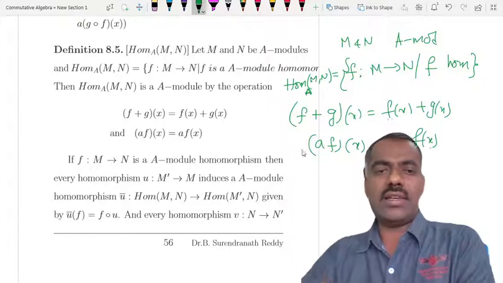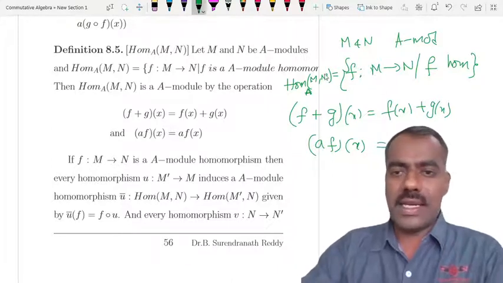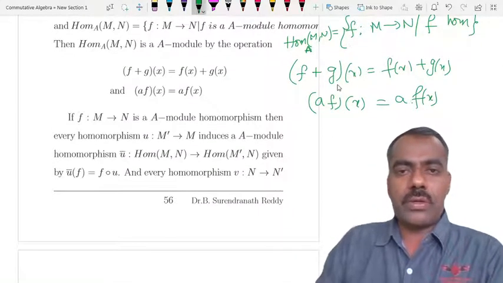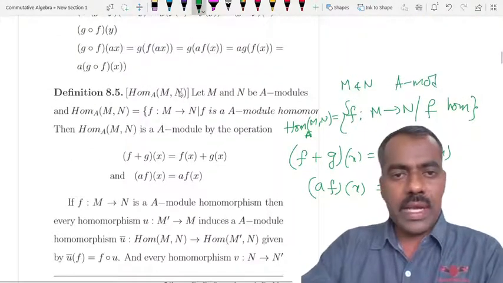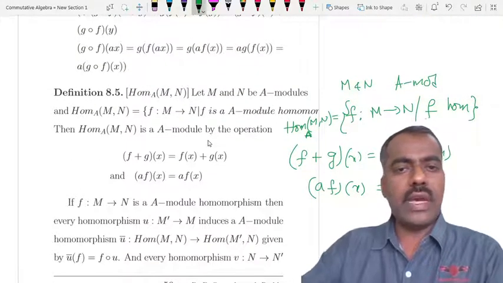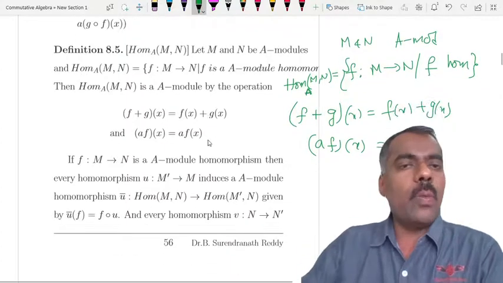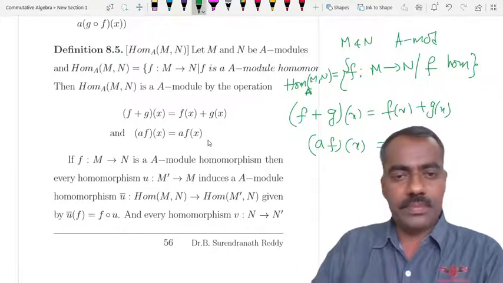You can check that with respect to these two, this is again a module homomorphism. So if you have two A-modules M and N, then we have another module, namely Hom(M, N) over A, right?